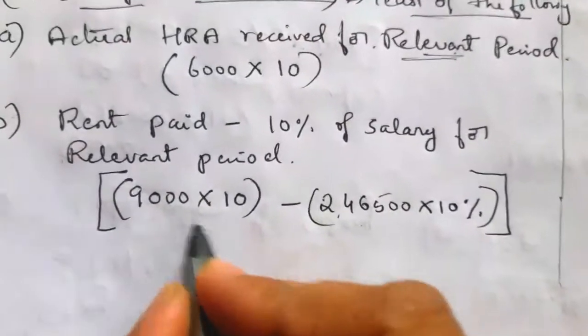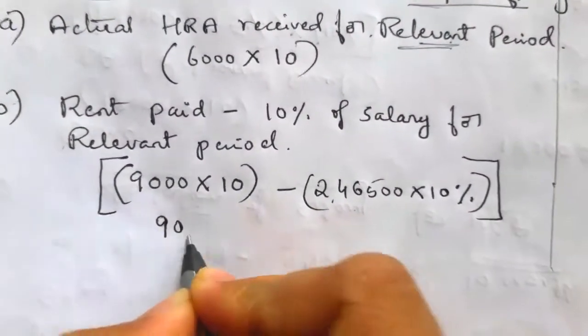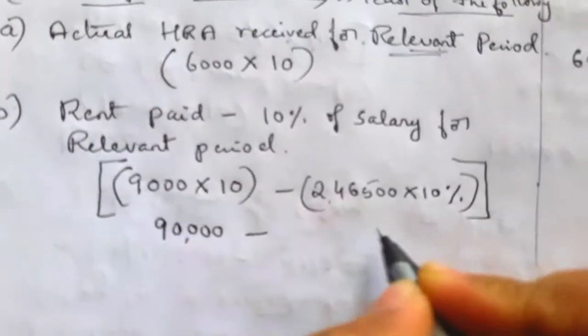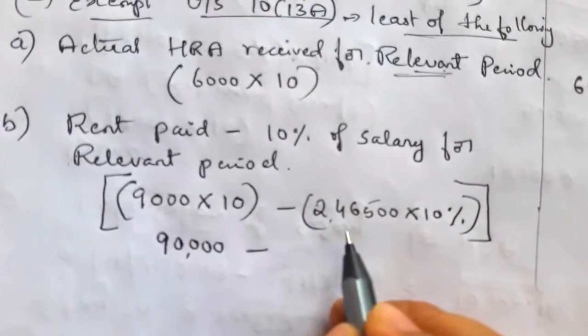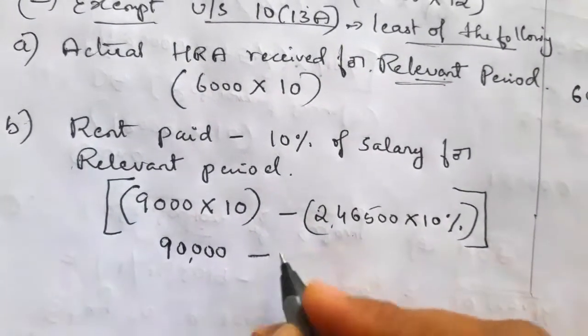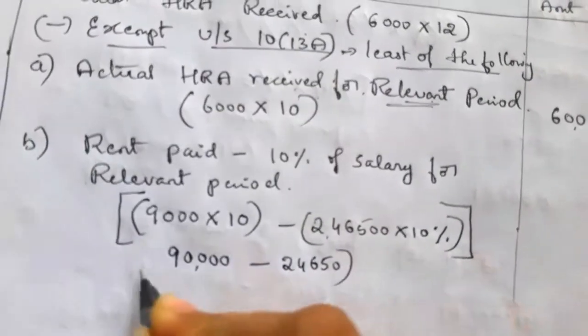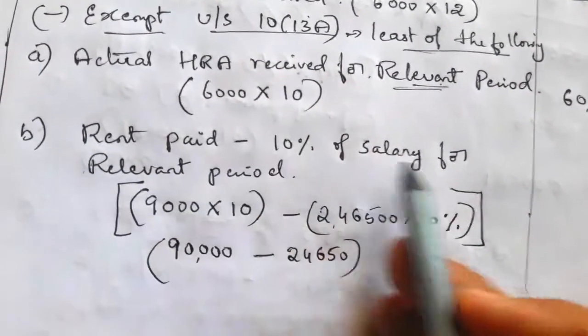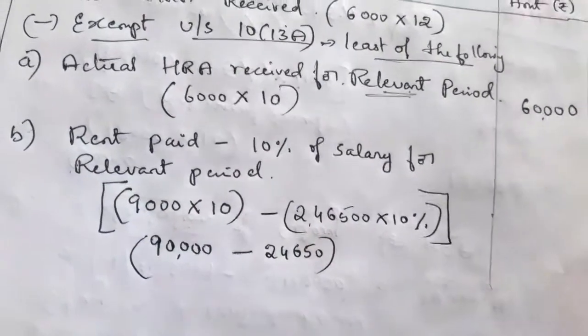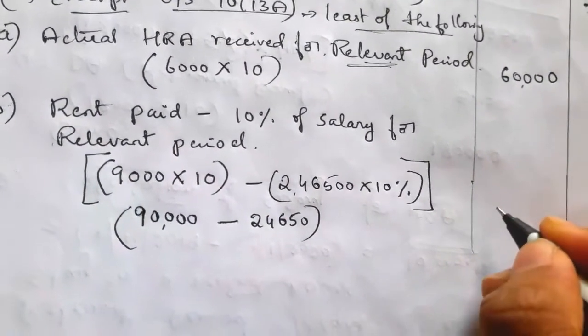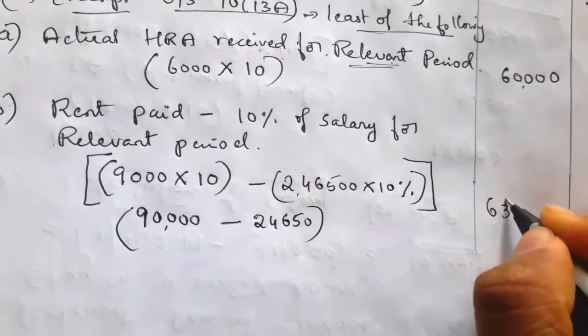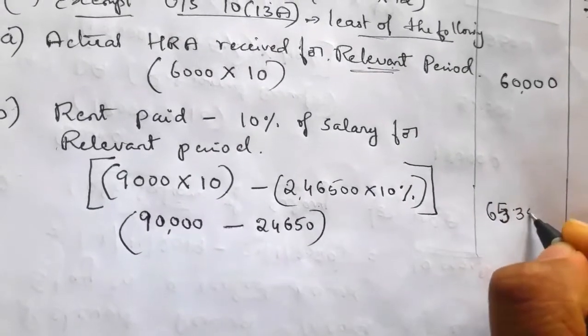So 9,000 into 10 is equal to 90,000, minus 2,46,500 into 10%, that means 24,650. So if you take the difference of rent paid and 10% of salary, the balance is 65,350.